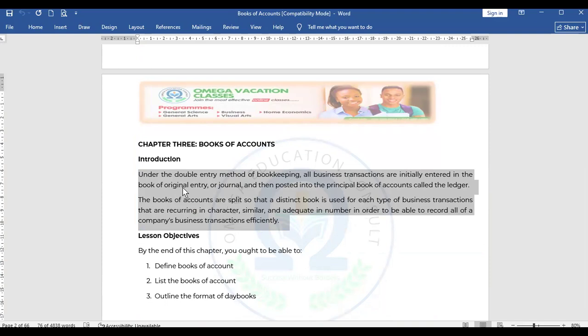The books of accounts are split so that a distinct book is used for each type of business transactions that are recurring in character, similar, and adequate in number in order to be able to record all of a company's business transactions effectively.